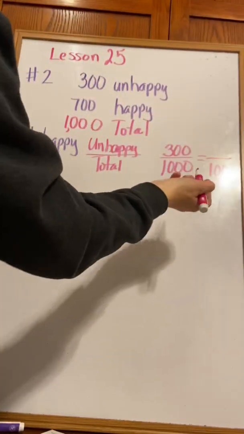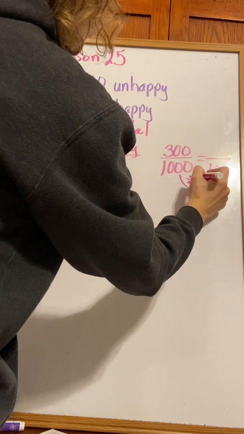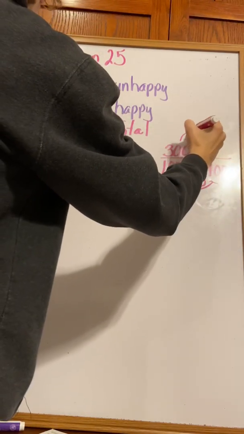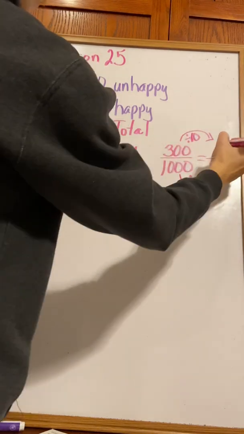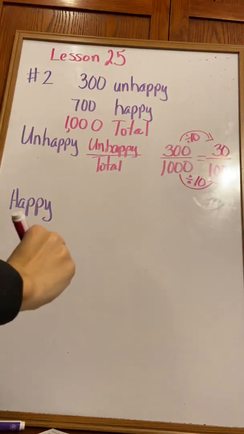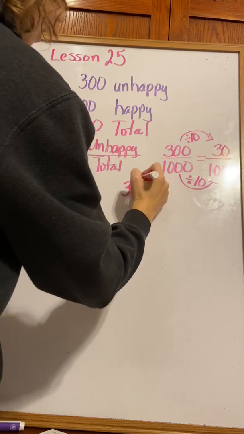So I could go from 1,000 to 100 by dividing by a group of 10. Whatever I do to the bottom, I must do to the top. 300 divided by a group of 10 is 30. That makes it 30 out of 100. Percent is out of 100. So that's going to be 30%.